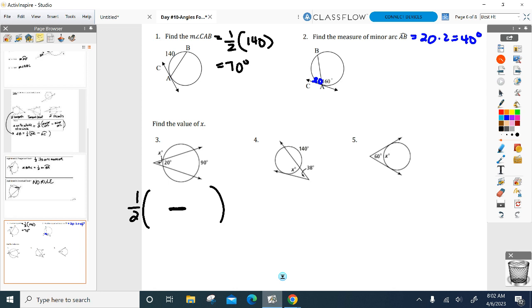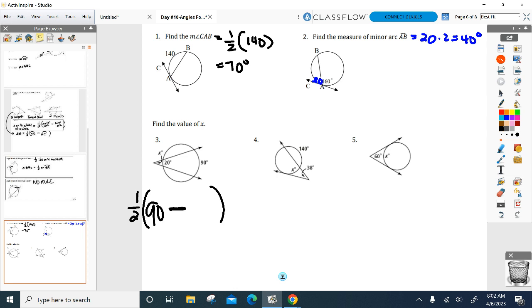Here we go. What's the major arc in between it? No. In between, I'm talking, look at the angle here, and I didn't do this well when I did the formula. I'm only looking at the arcs in between the angle. So the one that catches. So 90 minus what's the minor arc inside it? 20. And everyone good there?